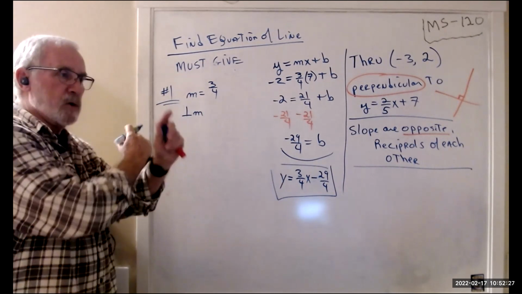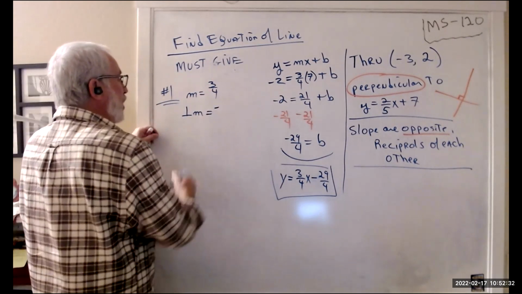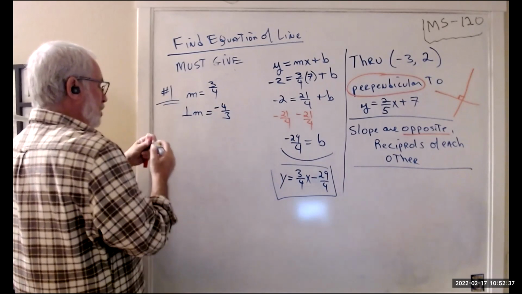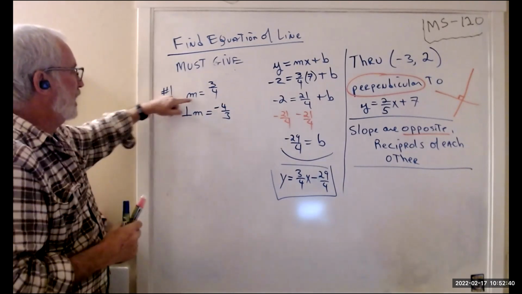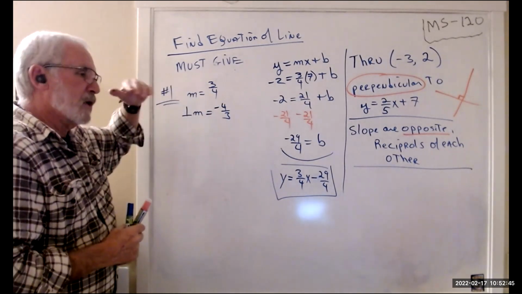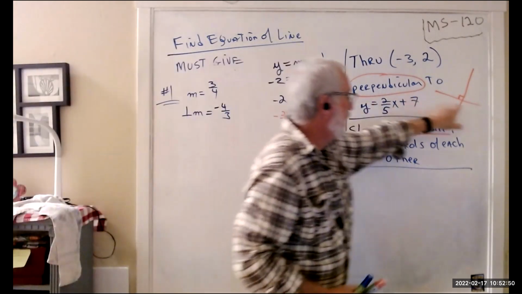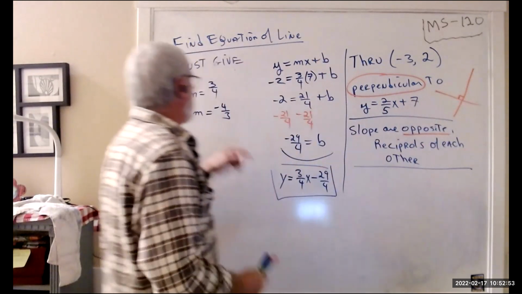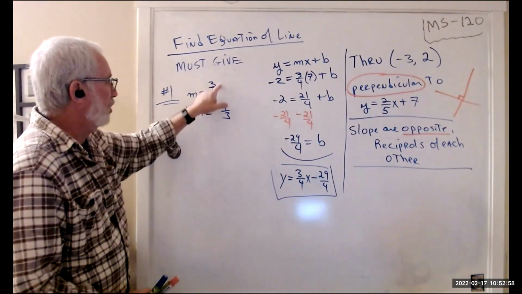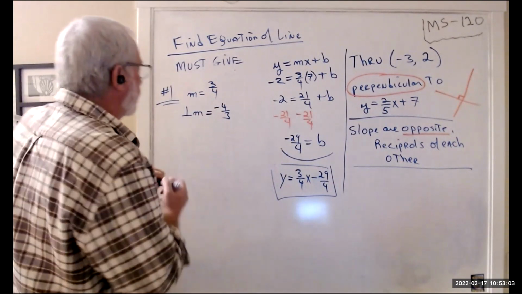The perpendicular slope is opposite, so this is positive, this is negative, reciprocal, 4/3. So if I have a line with a slope of 3/4, then another line perpendicular to it, meeting at a 90-degree angle, has a slope guaranteed to be -4/3, the opposite reciprocal of that one.